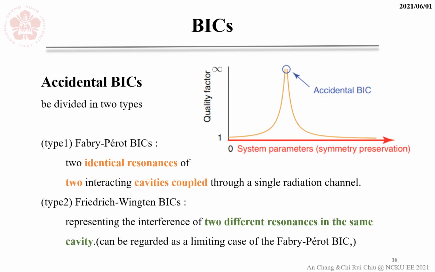Another type of BIC is the accidental BIC, originating through tuning of some system parameters. They can be divided into two major groups. Fabry-Perot BIC, based on two identical resonances of two interacting cavities coupled through a single radiation channel, and Friedrich-Wintgen BIC, representing the interference of two different resonances in the same cavity.